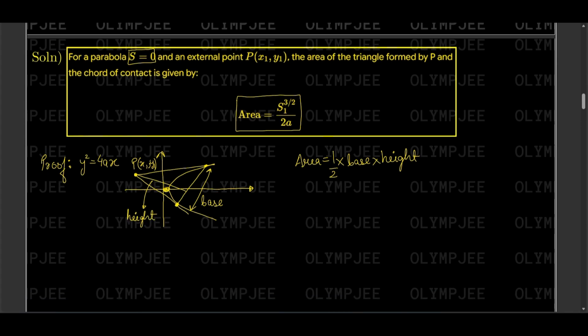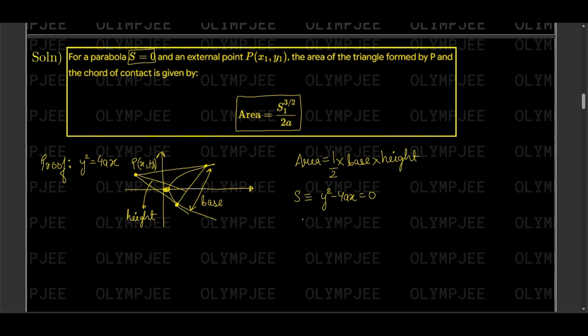Let me define some general notation. S is the equation of the parabola, which is y square minus 4ax is equal to 0. So this is what we meant when we wrote S is equal to 0. This was the formula of the parabola.